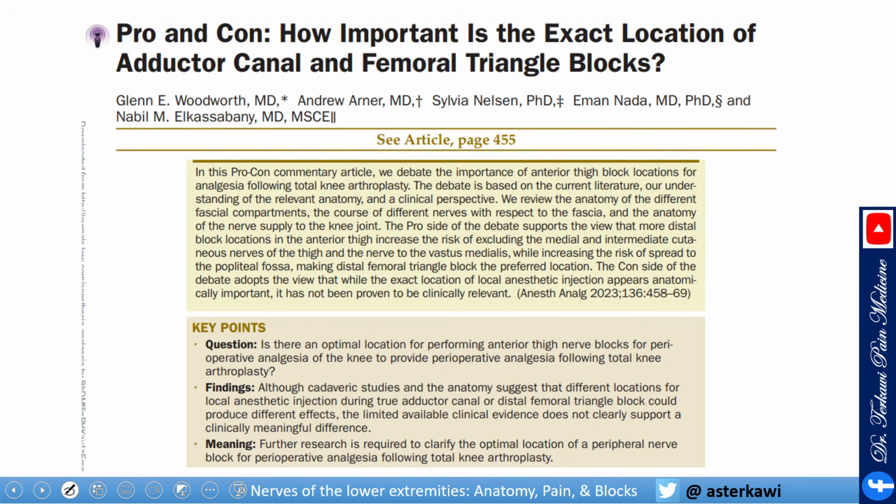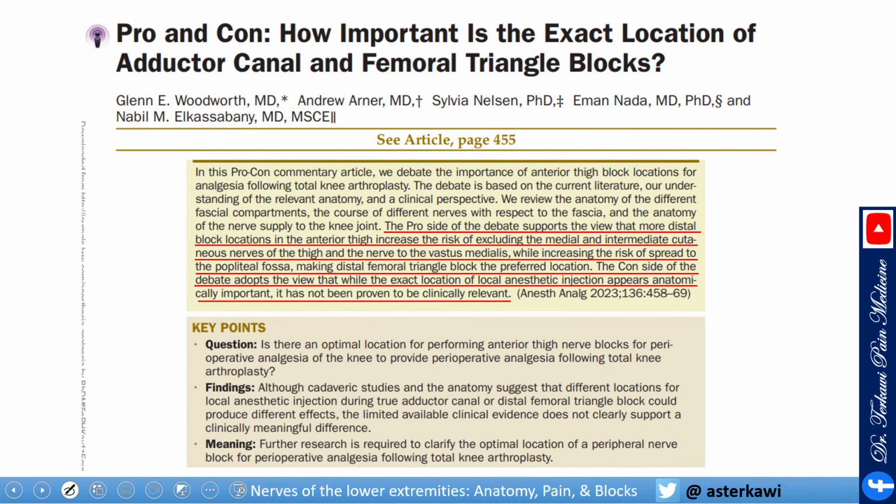Now, this is a very important article that discusses the pro and con, how important is the exact location of the adductor canal and femoral triangle block.